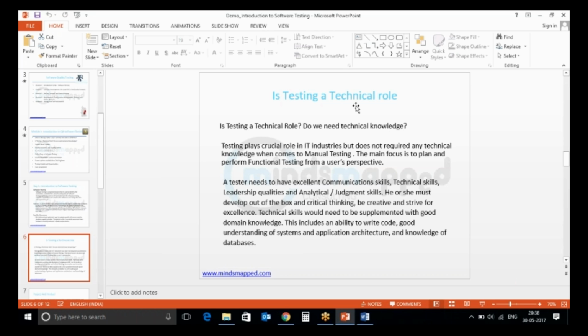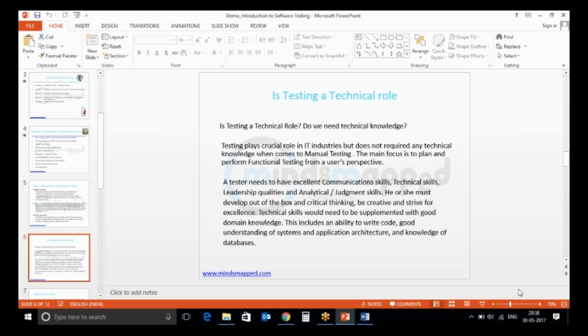Analytical and judgment skills come into the picture there, in thinking of the different scenarios for testing a product. You don't need any technical knowledge for that. All you need is common sense, and other than that, these skills: communication skills, technical skills, leadership qualities, and analytical and judgment skills.